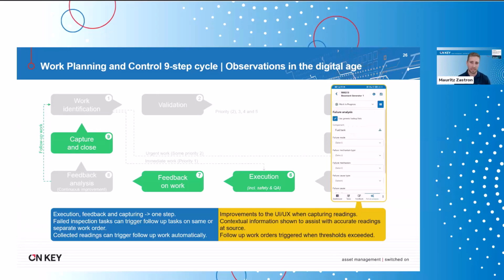If the previous reading was 1200 hours, but it was 2 years ago, I guess that's quite possible. But if the previous reading was 2000 hours less than the current one, then it's obviously a mistake. So we've tried to put the contextual information in the hands of the technician to make sure that the data being entered is actually accurate.